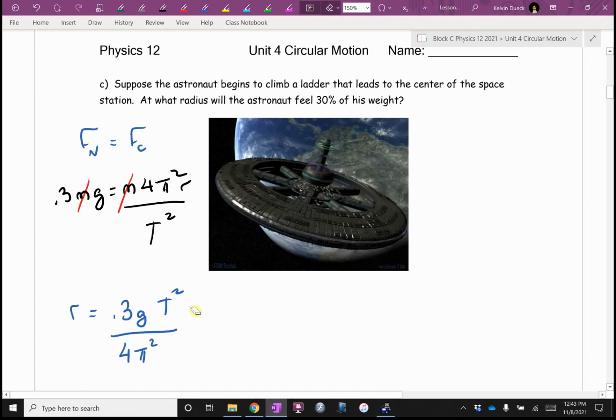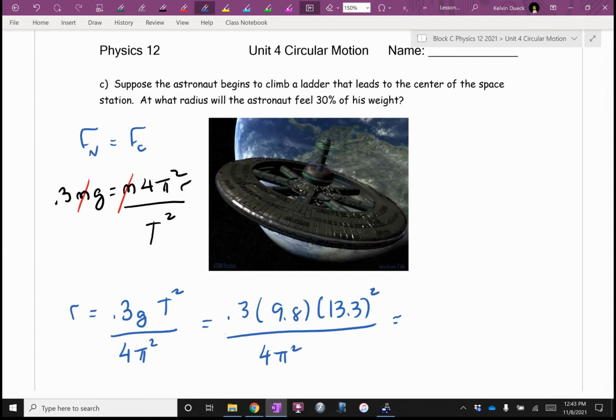Do I need to square root or anything here? Nope. I'm going to use my answer button for the t, so I'm going to write 0.3 times 9.8. I'm going to write 13.3, but I'm going to use the answer button. Don't forget the squared, Mr. Dewick. Divided by 4 pi squared. And again, all of you should try typing these in because you might find, especially some of your software, might deal with the pi squared weirdly.